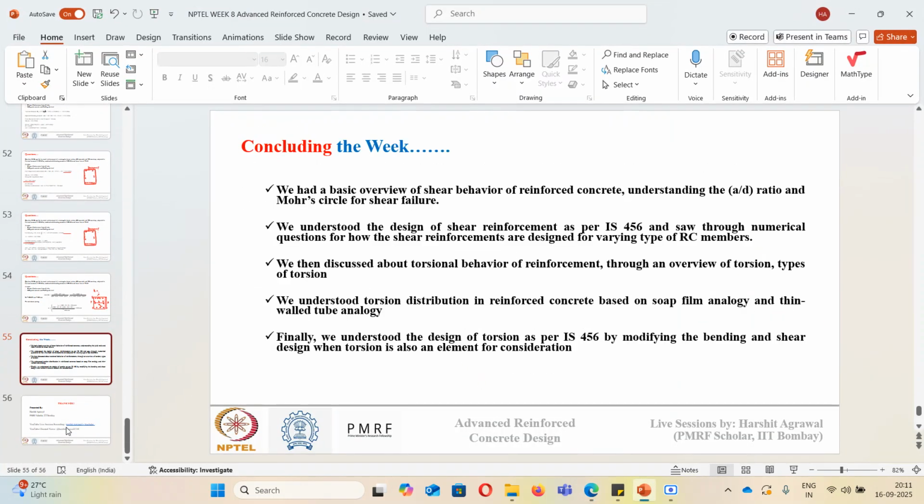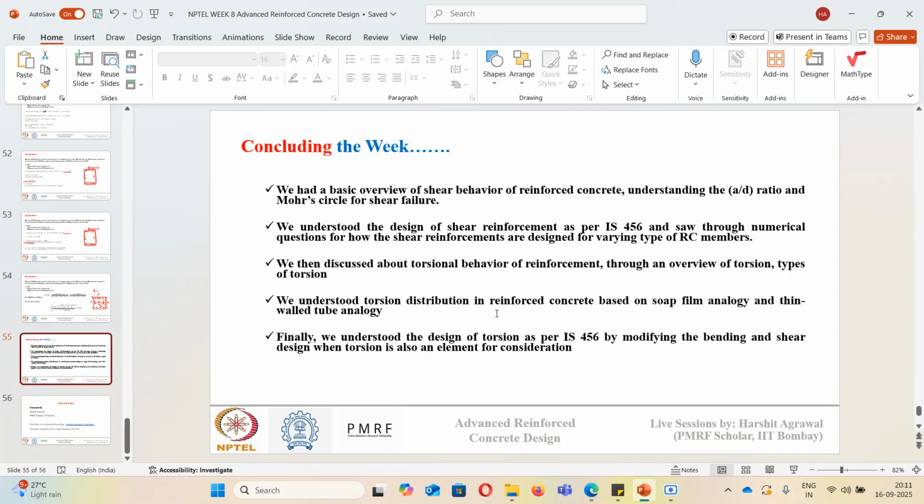Okay, so this was all about today's session. We started with the a by d ratio concept and Mohr circle. Then we understood shear design as per IS 456, and we saw a numerical, and we saw the effect of varying depth and varying inclined stirrups. We talked about torsional behavior of reinforced concrete. We had an overview of torsion.